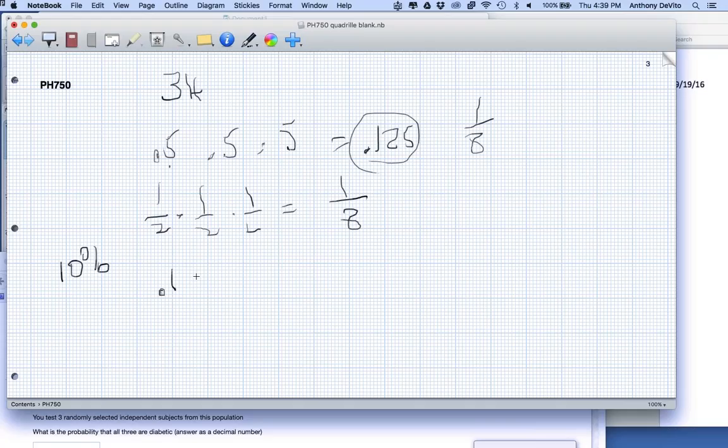What's the probability that they would both be diabetic? 0.1 times 0.1, which is equal to 0.01. How about 3 people? 0.1 times 0.1 times 0.1, which is equal to 0.001. 1 out of 1,000 that all 3 are diabetic.